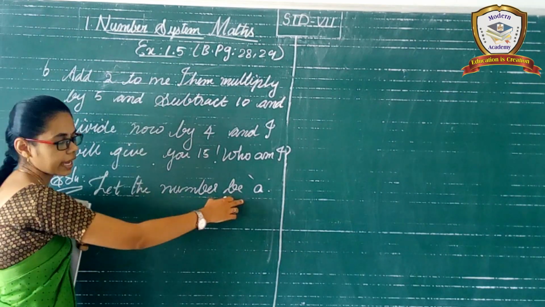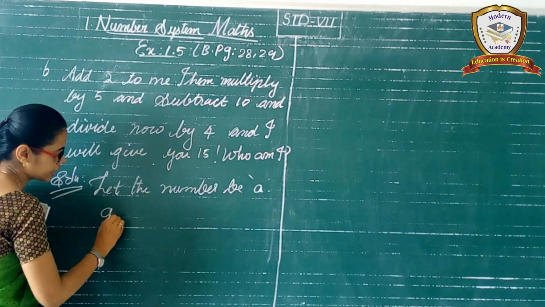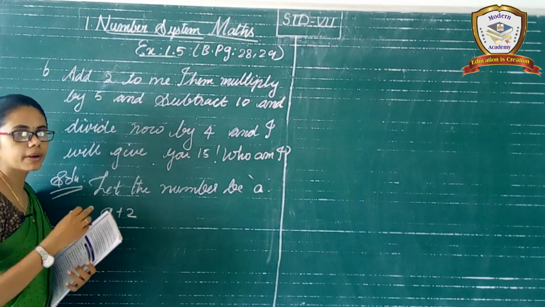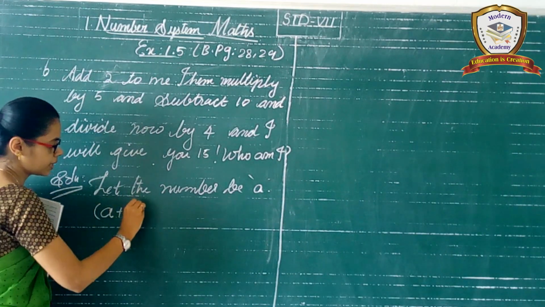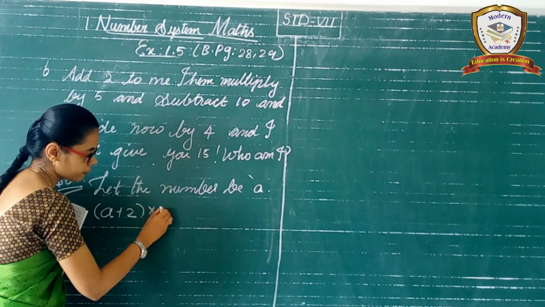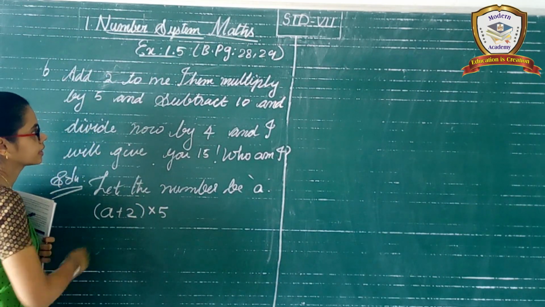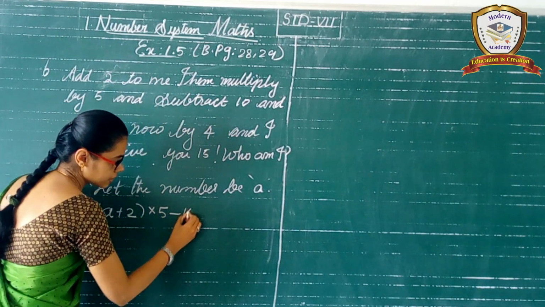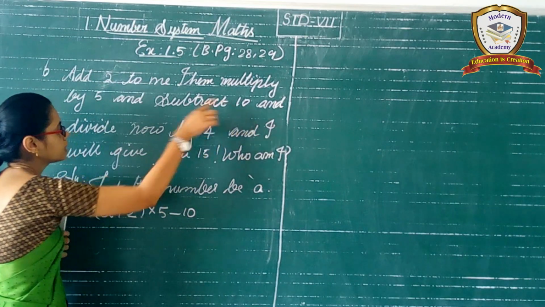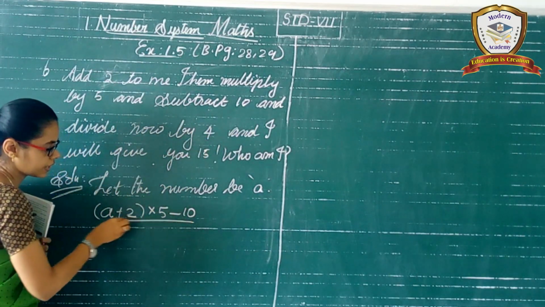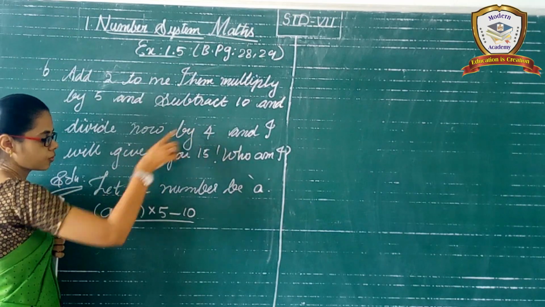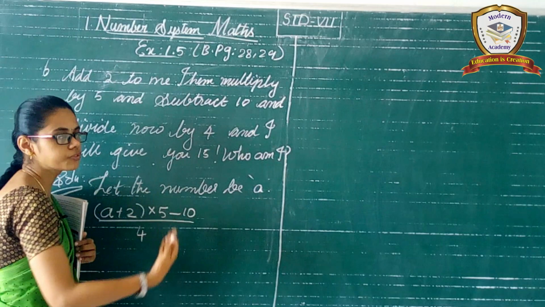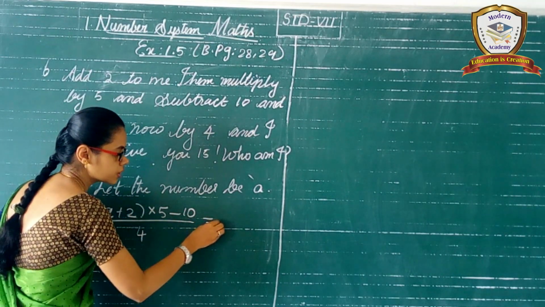Me means A. Okay, add 2 to means A plus 2. Right? And multiply by 5, which means use the bracket. Multiply 5. Right? And subtract 10, which means minus 10. Clear? And divide now by 4. Divide by 4. Okay? And I will give you 15, means equal to 15.